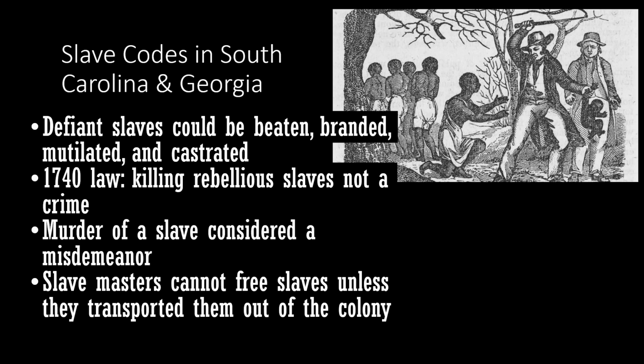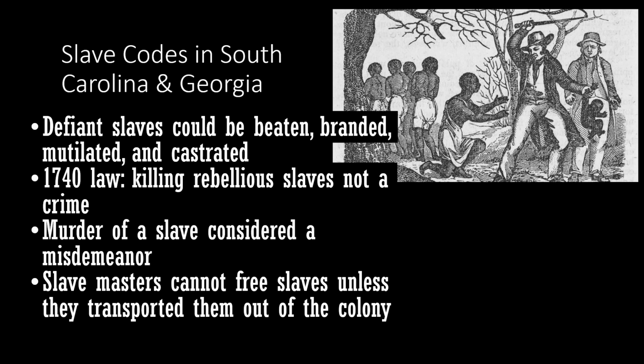Now, what about the case of the other colonies? We see that many of these slave codes that were passed in Virginia bleed into the other colonies. We have here, for example, South Carolina and Georgia. Here we learn that they also passed laws saying that defiant slaves could be beaten, branded, mutilated, and castrated.